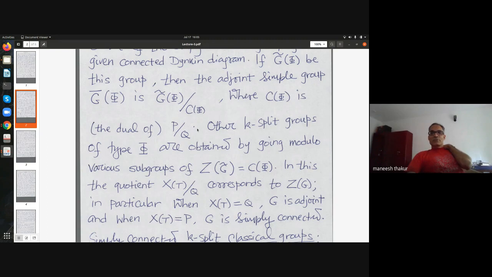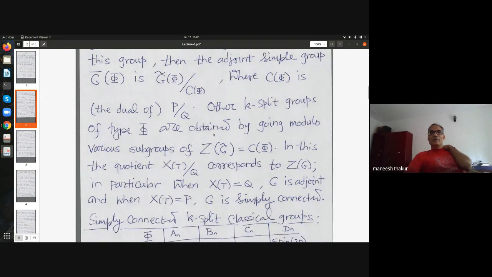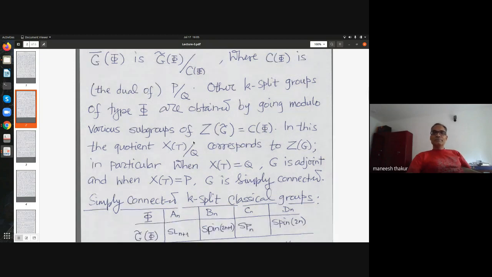Other K-split groups are obtained from this group by going modulo various subgroups of the center. So this gives you all K-split groups for a given field.